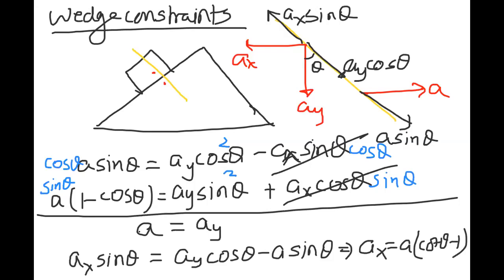Check whether I have done it right or not. Sometimes it may be wrong. Am I okay? Am I right? So I've just put AY is equal to A in the first equation, and I have found the value of AX. I think it looks right to me.